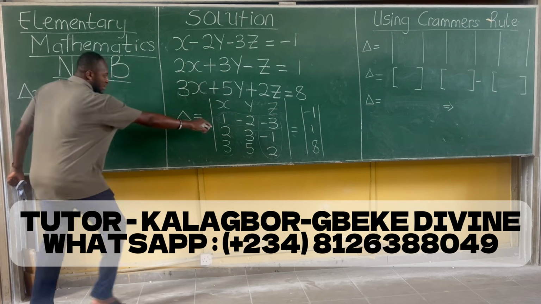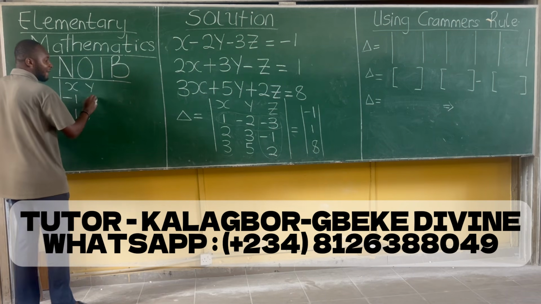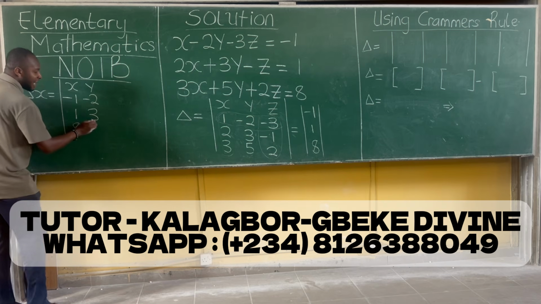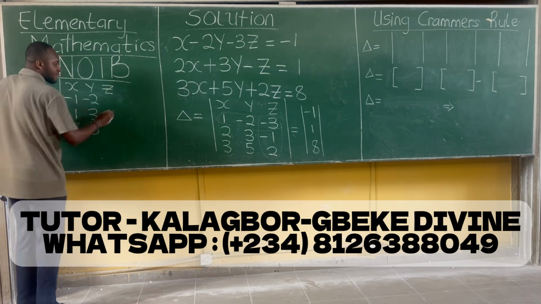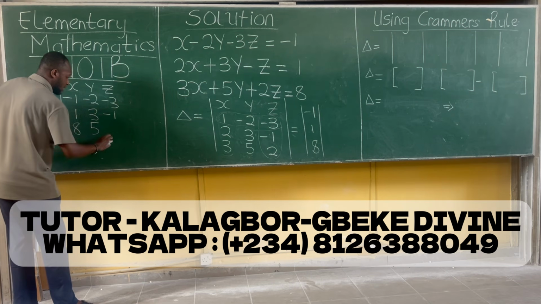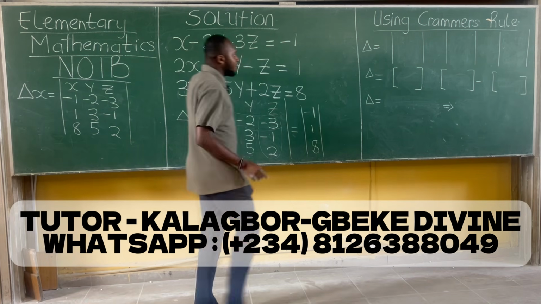Now we'll repeat these other columns. For y, we have minus 2, 3, and 5. And for z, we have minus 3, minus 1, and 2. All right. So we'll now go and solve.